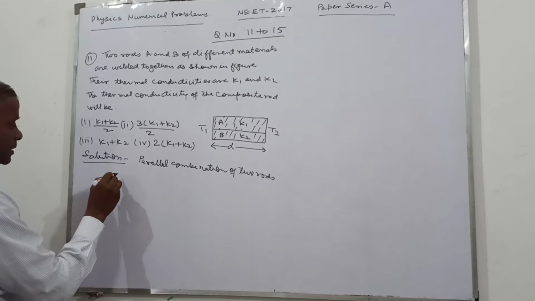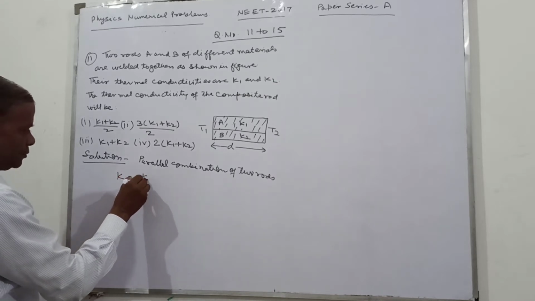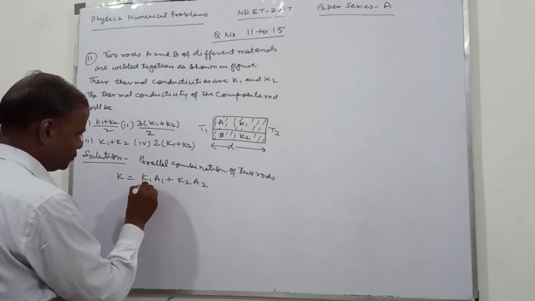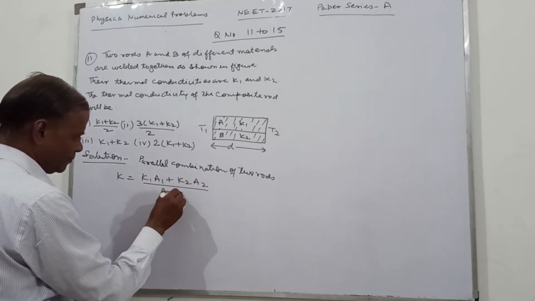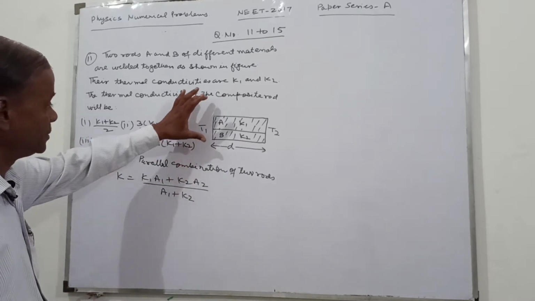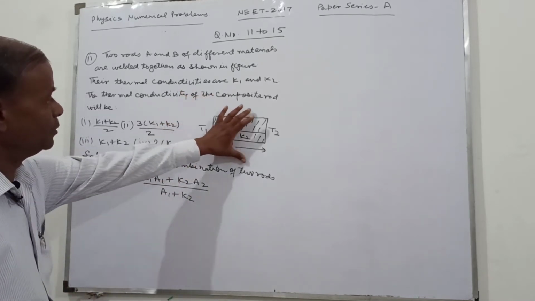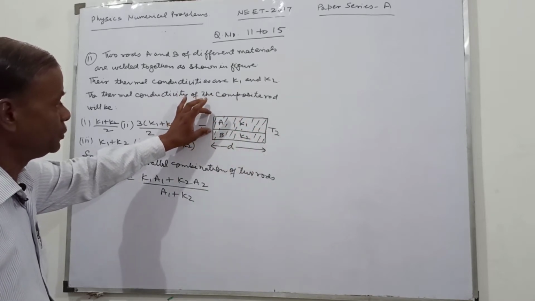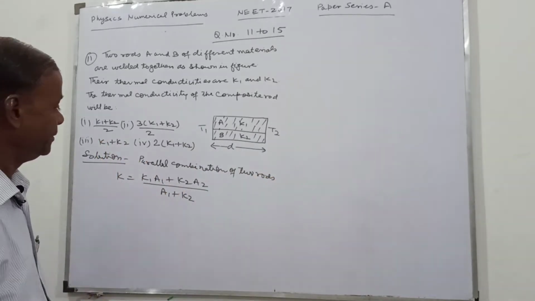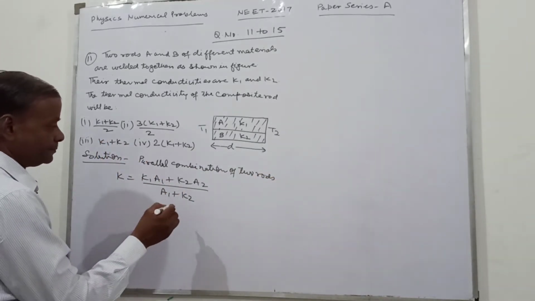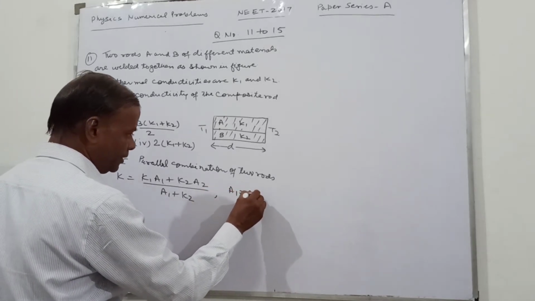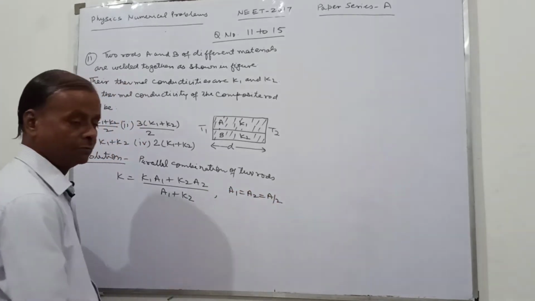The thermal conductivity K is equal to (K1 A1 plus K2 A2) upon (A1 plus A2). This is the formula. And we know that the whole area is divided into two equal parts. This is the length of the rod, this is D. So here we have A1 equal to A2 equal to A by 2.